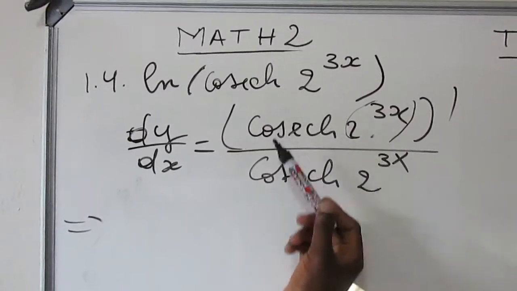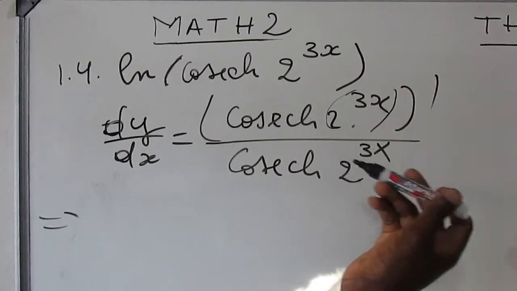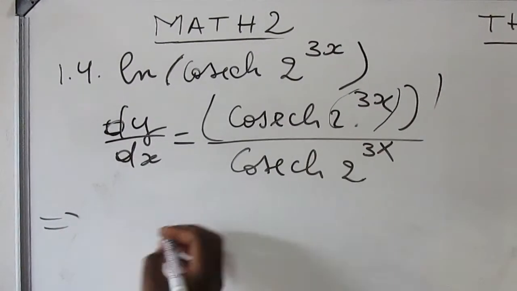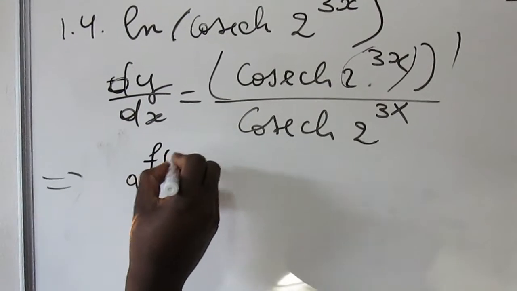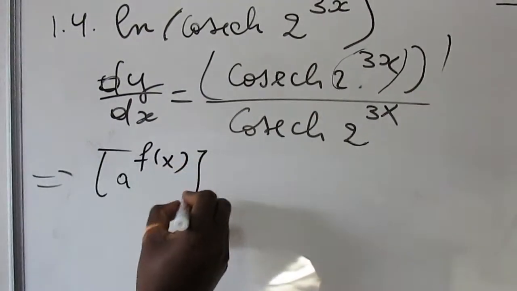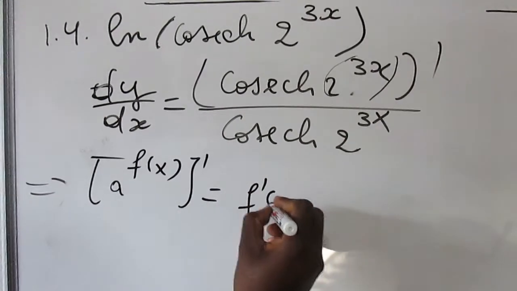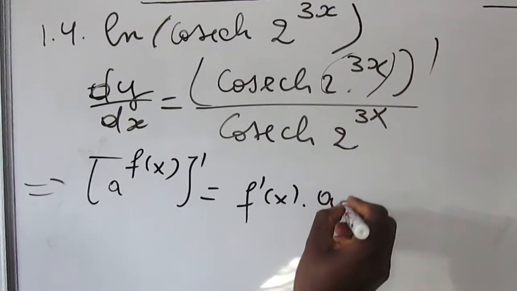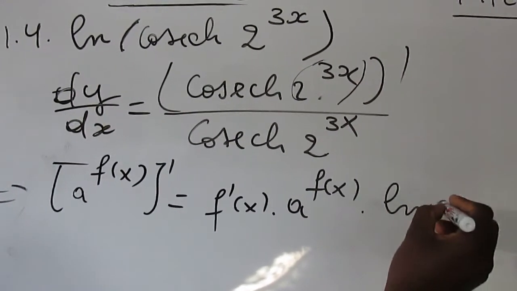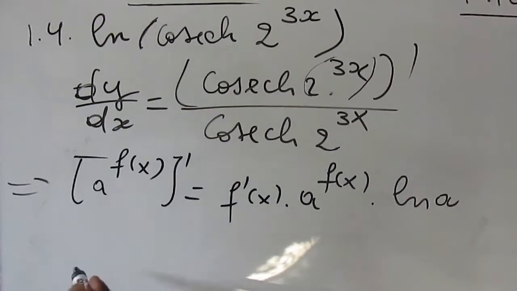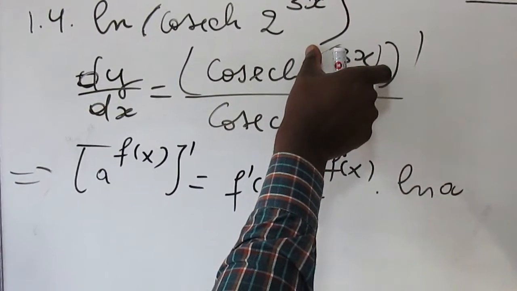So guys, remember this 2 to the power 3x, we've explained this in our first video, okay. It was what? A to the power f of x. When they ask you to derive this, it's going to give you derive first f of x, then you multiply by a to the power f of x, then multiply by ln of a. So you're going to apply this formula when we want to derive this, okay.